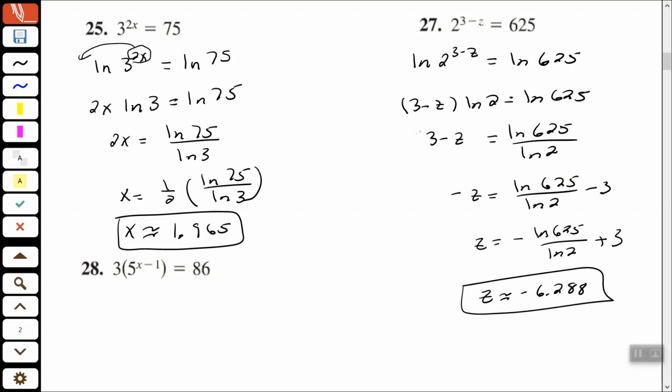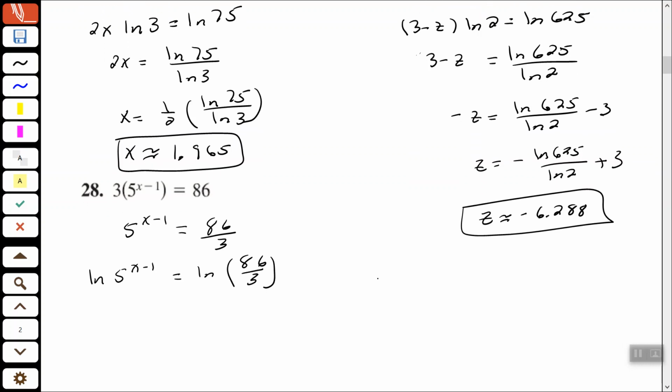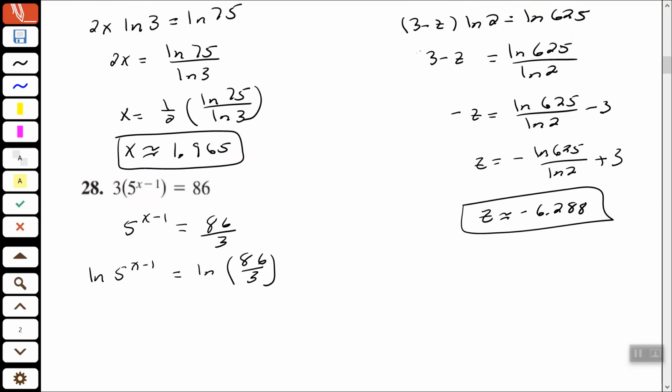All right, and number 28, same idea. We want to solve for x. The first thing that I would do is to divide both sides by 3. And then I would apply the natural log to both sides. Then I would bring the x minus 1 out in front. That was the whole reason for applying the natural log to both sides.